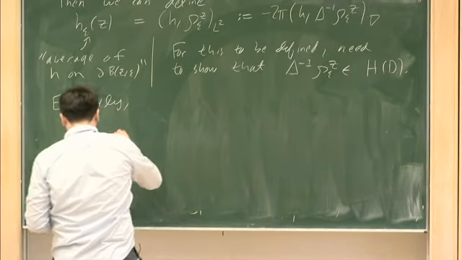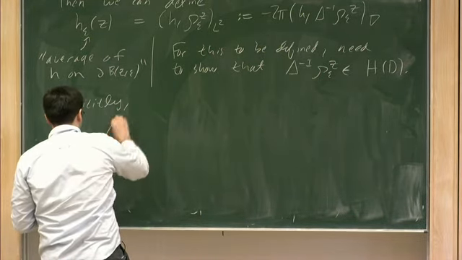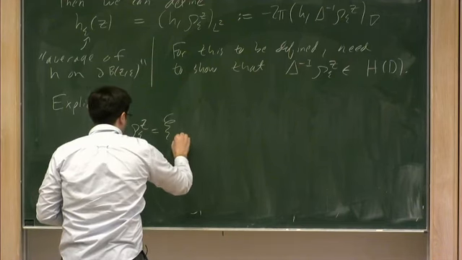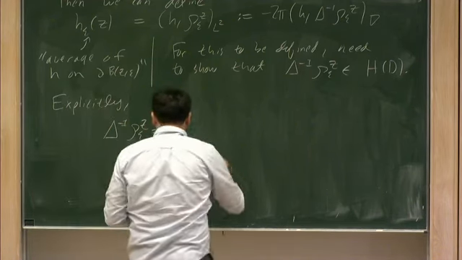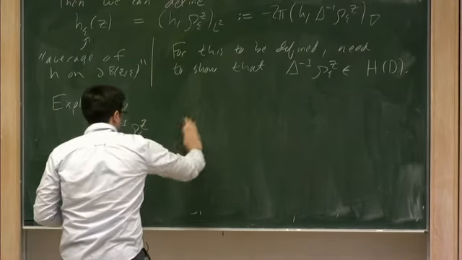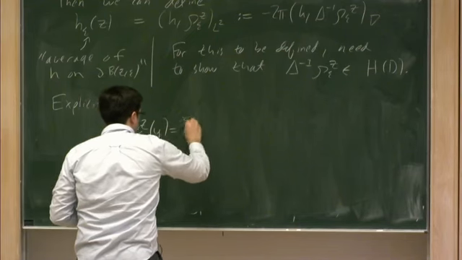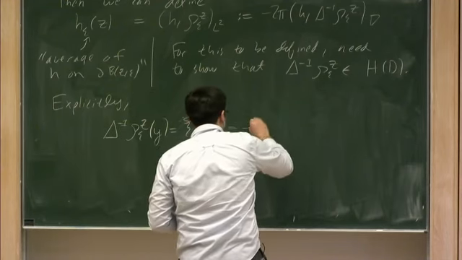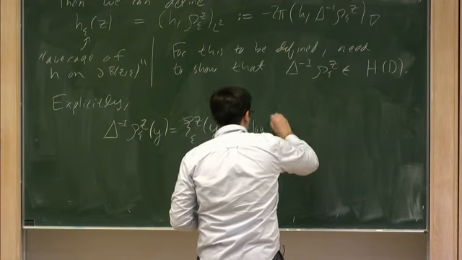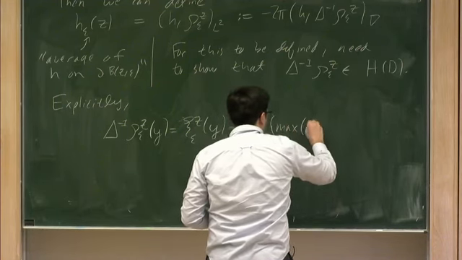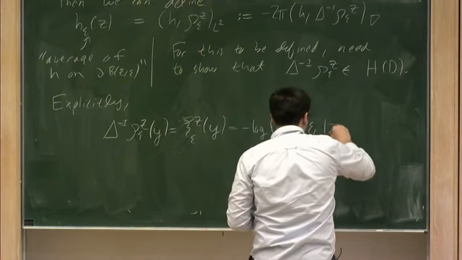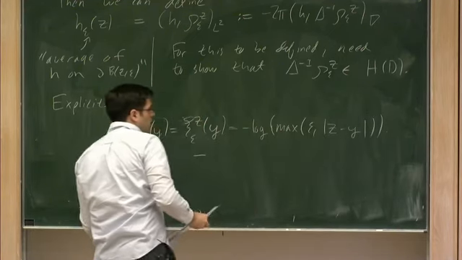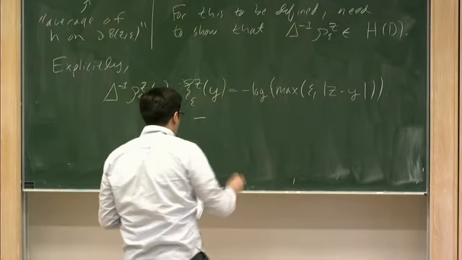I'm going to call the inverse Laplacian of this measure psi sub epsilon of z. You can just calculate this, and it's equal to minus the log of the maximum of epsilon and the distance between z and y, minus a function which will give this 0 boundary values.